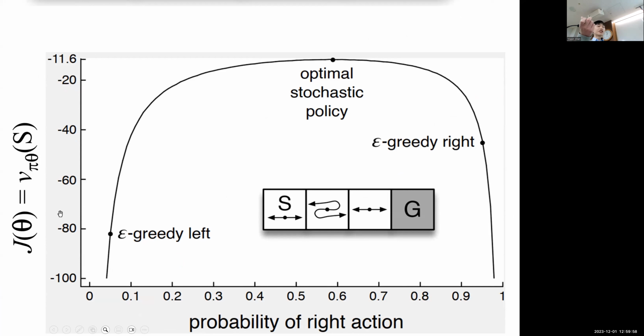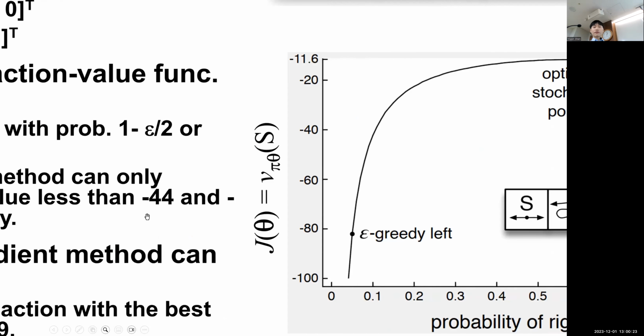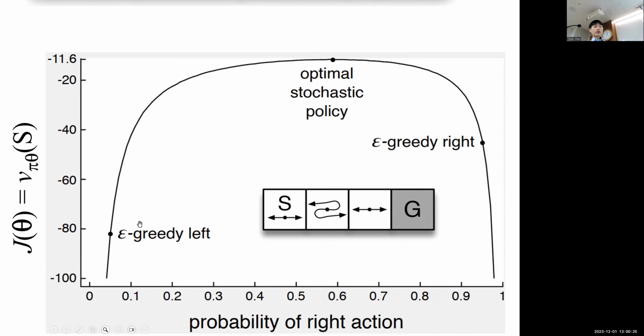It's like in each episode, how many steps we need to reach the best performance. If we run epsilon-greedy left or epsilon-greedy right, it can only achieve somewhere here, like -82 and -44. So it cannot reach better.